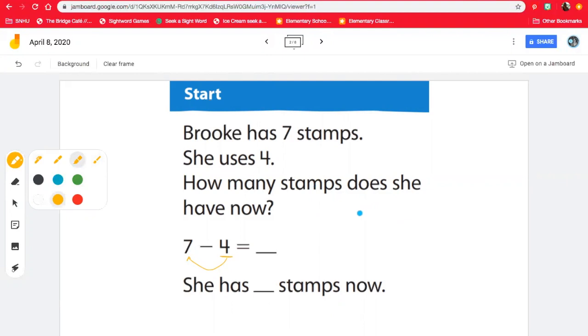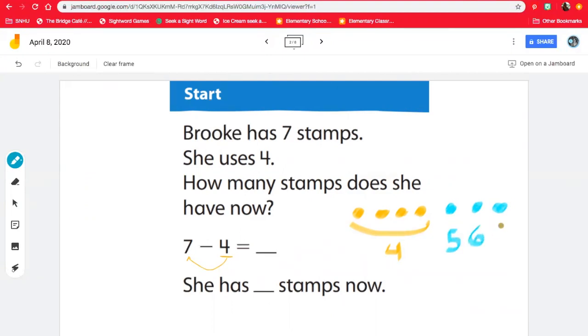So if I have 1, 2, 3, 4, so right here is 4. Now I can use another color and count on. So 4, 5, 6, 7.